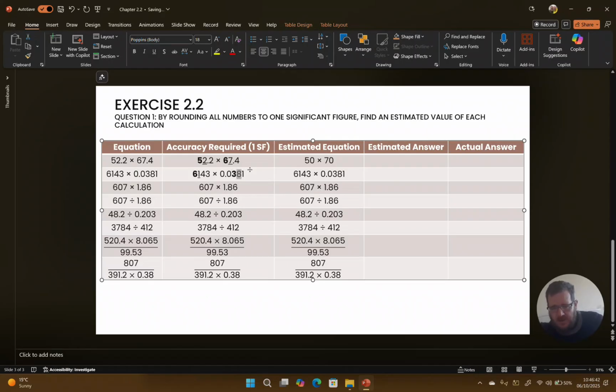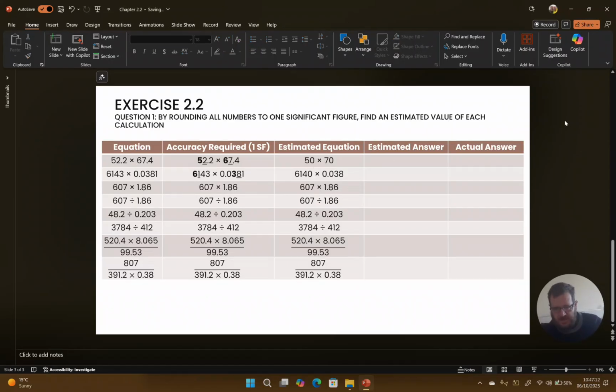Let's then round those down to the 100, and get rid of the last one.